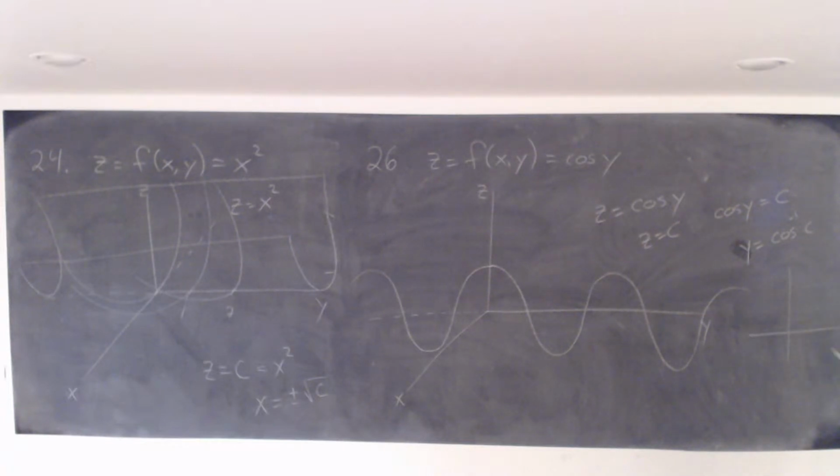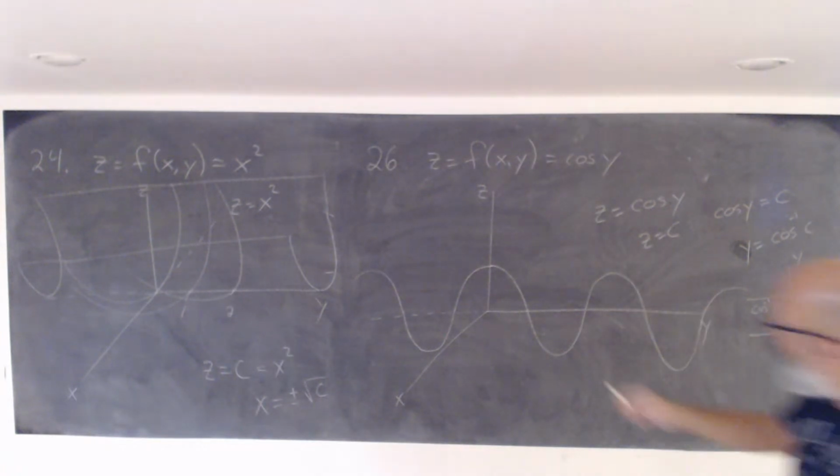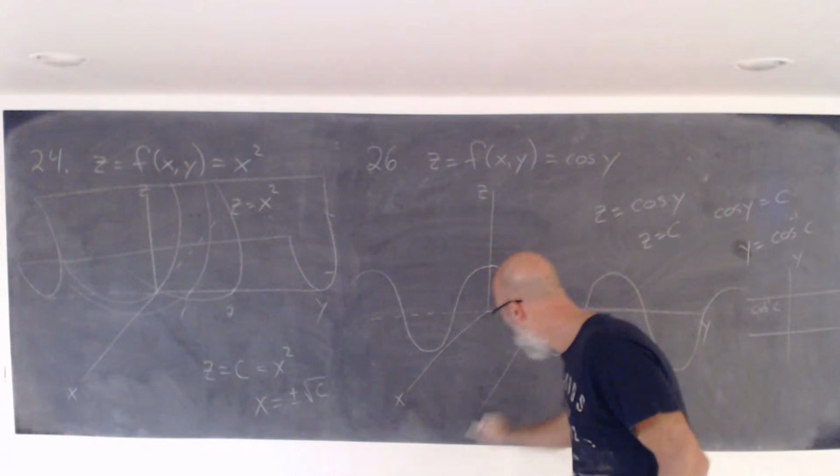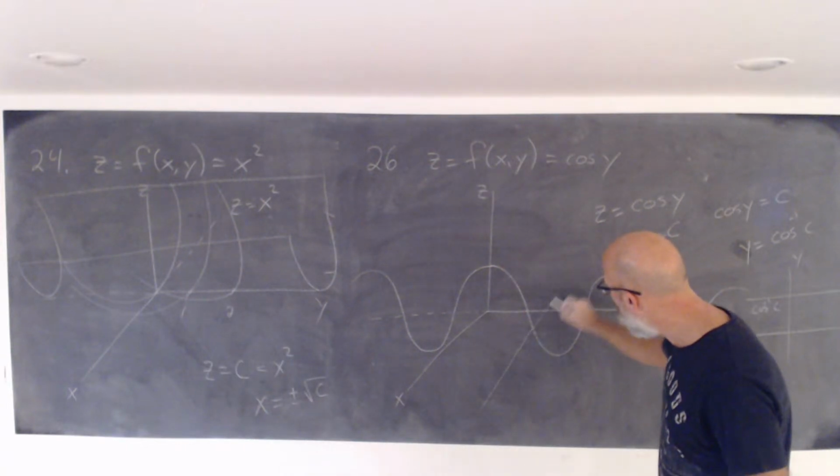So in the xy plane, y equals arc cos of c is just a straight line parallel to the x-axis. So you draw these straight lines parallel to the x-axis.